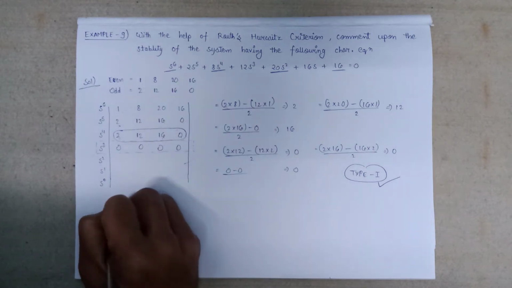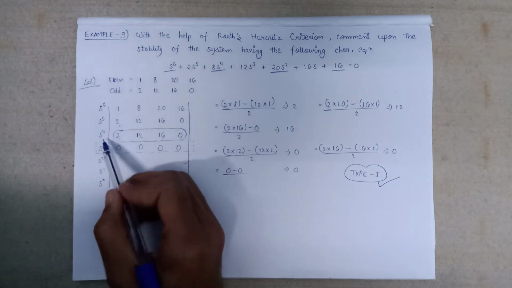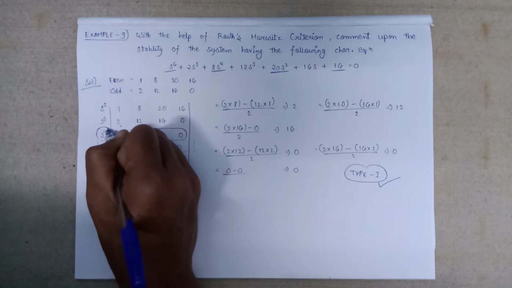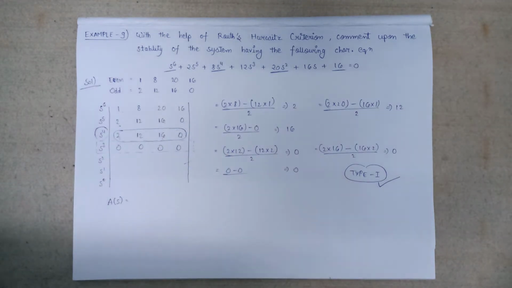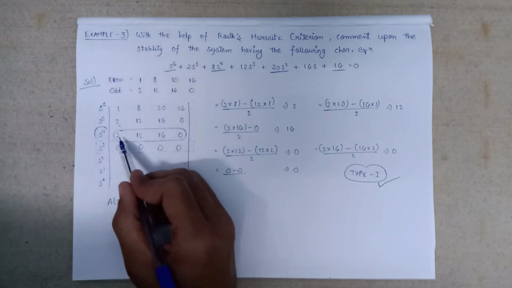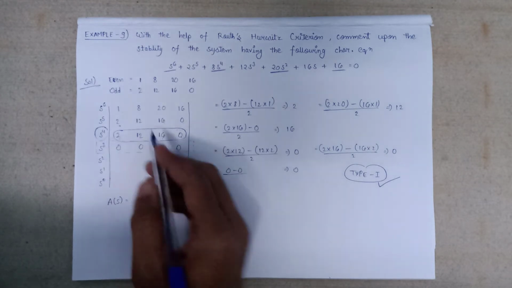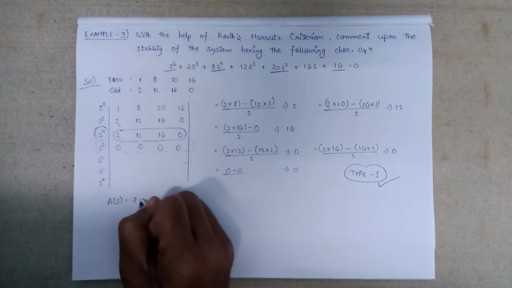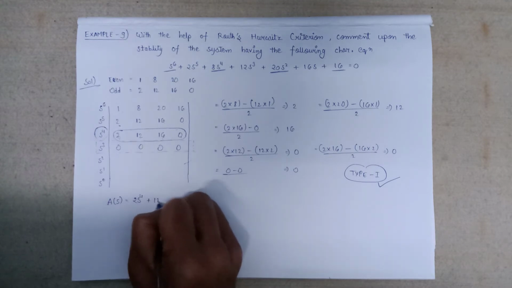So the auxiliary equation is denoted by A of s. Here the highest power of s is s to the power 4. So the coefficient, that is 2, will be combined with s to the power 4. So it will become 2s to the power 4. Then we will write 12.